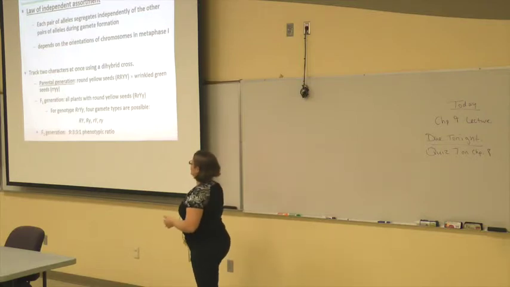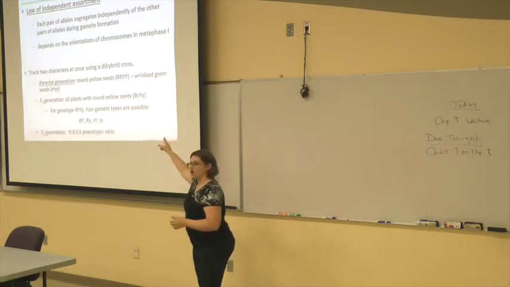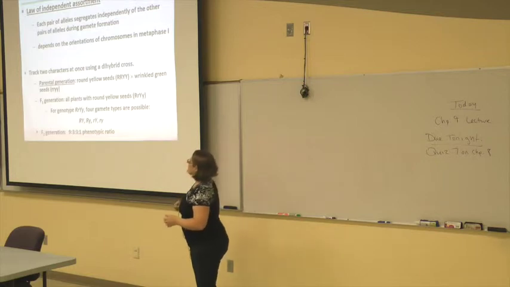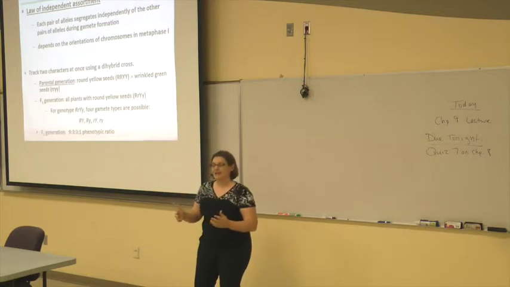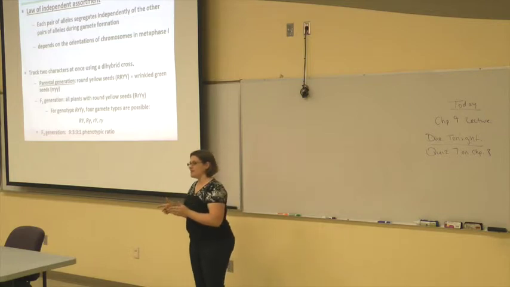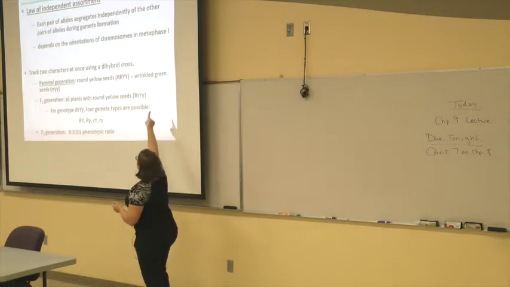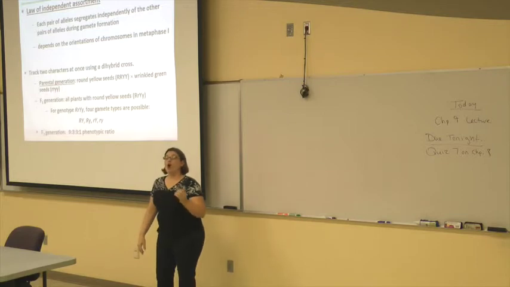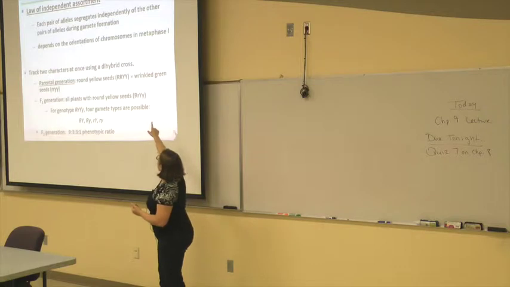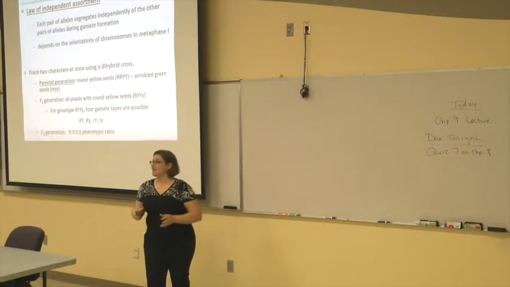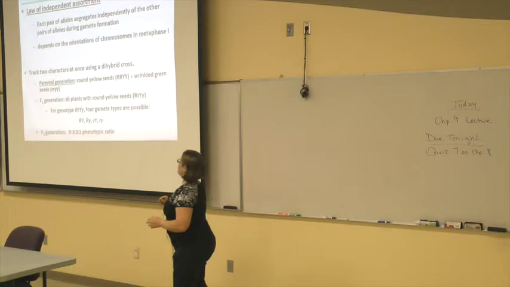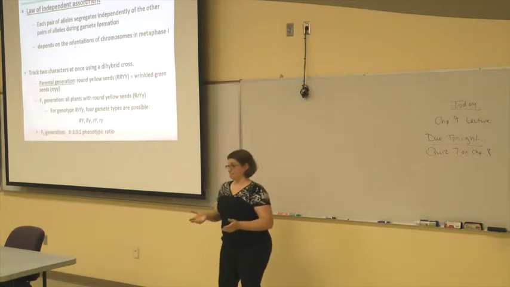For round, you need at least one big R, and for yellow seeds, at least one big Y. That parent is homozygous dominant for both traits. That parent is breeding with a parent who is completely homozygous recessive for two traits. Little r gives you wrinkled seeds, and little y gives you green seeds.